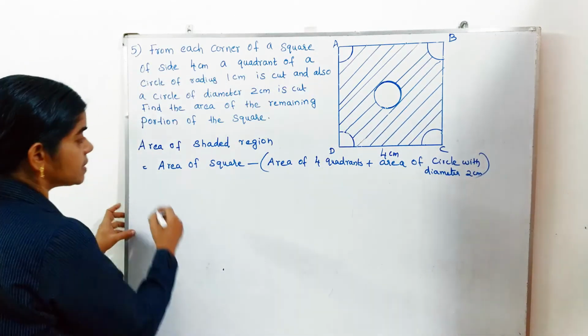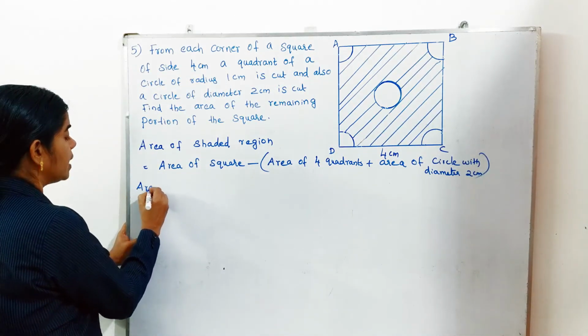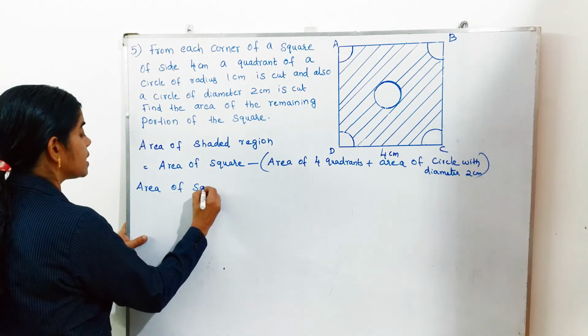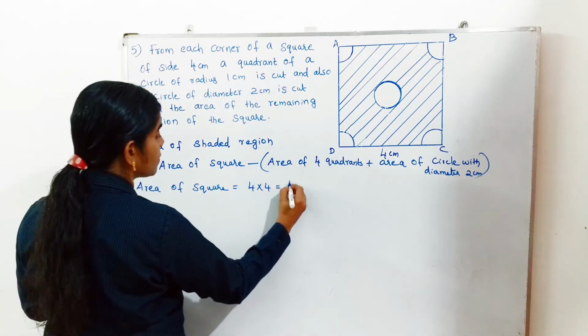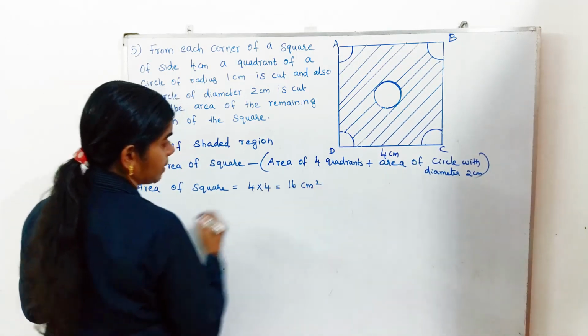Then area of the square. Area of square is equal to 4 into 4, that is equal to 16 centimeter square.